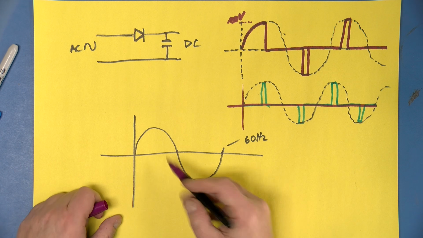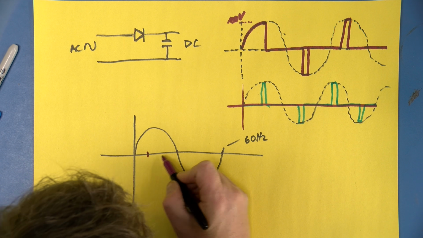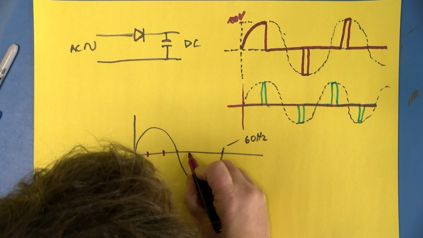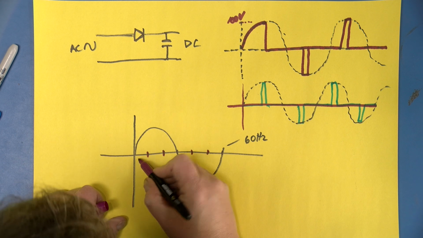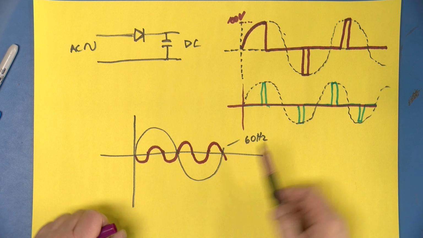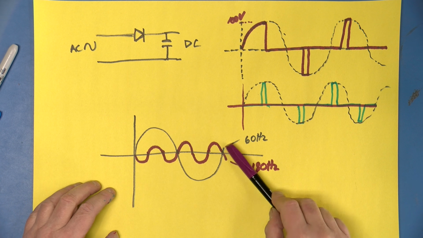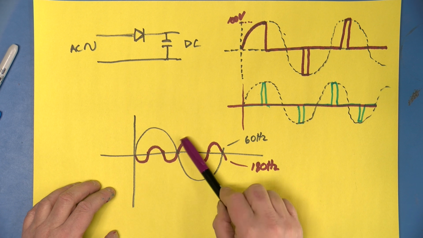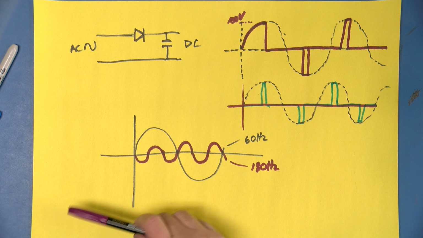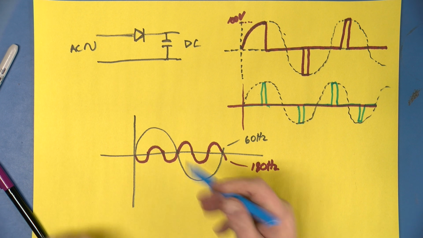And what I'm going to try and do is draw another waveform, the third harmonic, so that would be 180 hertz. And I'm going to draw it like this. So let's imagine that the power supply is drawing a certain amount of current at 60 hertz and a certain amount of current at 180 hertz.